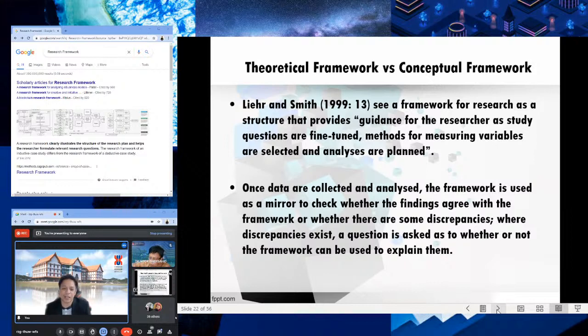You cannot cross check or compare to your framework before you collect the data. Maybe you have some adjustment to the framework, but you must have the framework first, so that at least you have the guidance to plan your research focus or research activity.